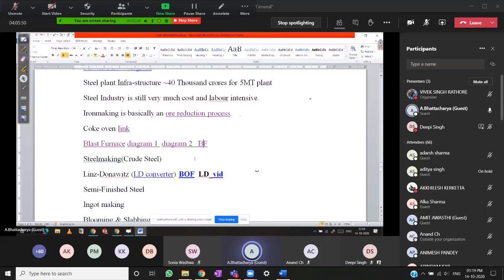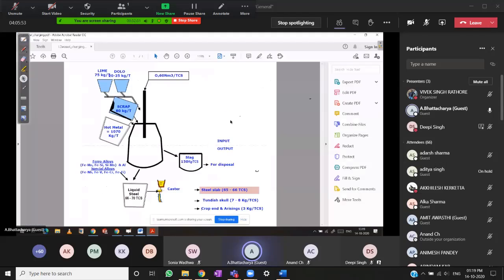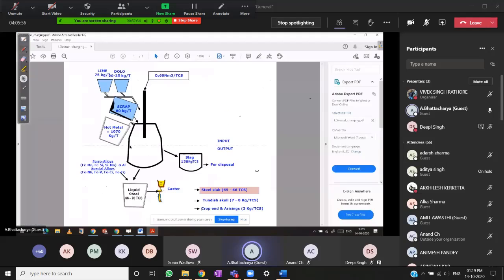Before that, I will show you the logistics of the converter. This is a huge vessel, like a cooking ware, you can say. The weight of this is huge.